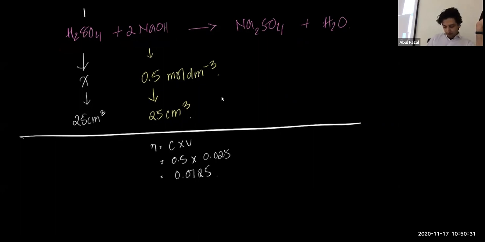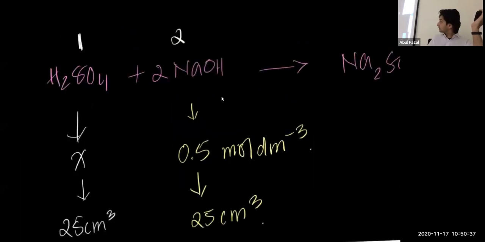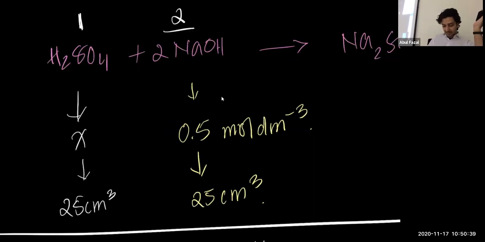For every 1 mole of this, it can react with 2 NaOH. So if this is 2, this has to be 1. If this is 1, this is 0.5.